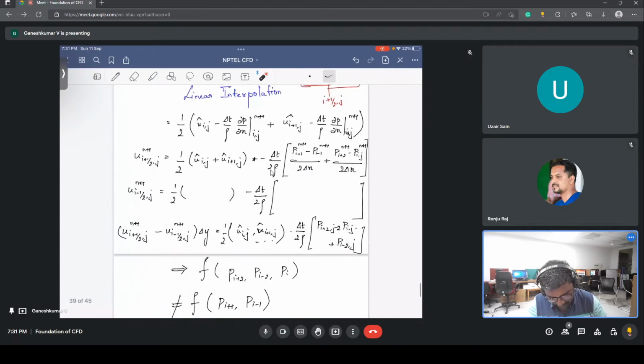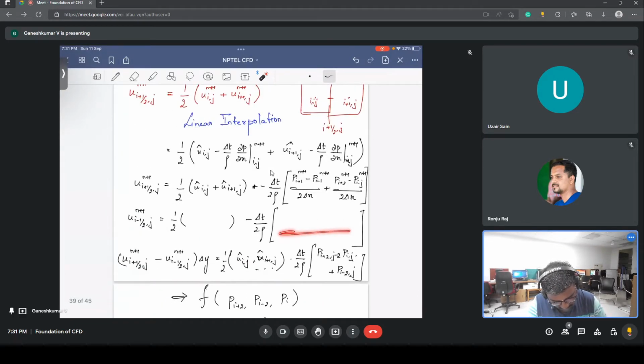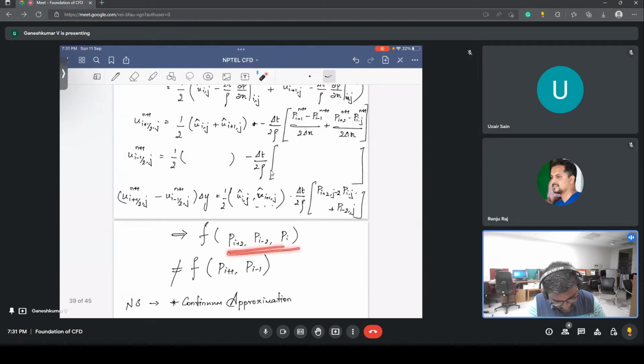So if you continue doing this, you will end up getting pressure velocity split. When I say pressure velocity split, what I mean is, if you have a grid like this, you are finding the velocity here by using the pressures here and somewhere outside, instead of adjacent nodes. This is P i plus 2, this is P i, this is P i minus 2, right?